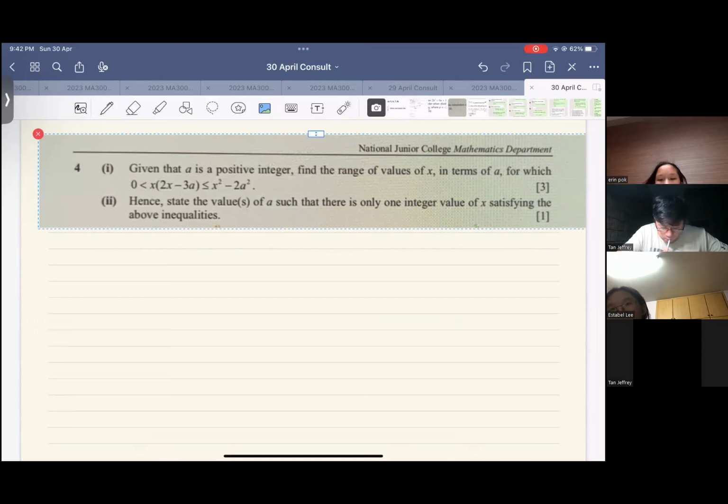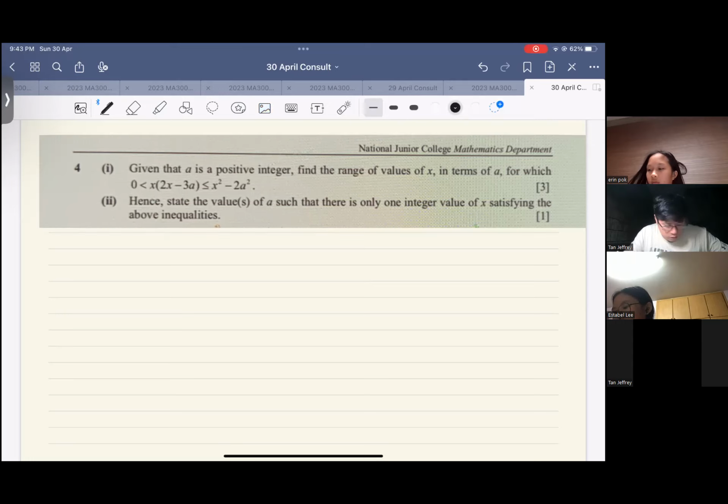Let's see, 2A. Maybe 3 less than 4. Then if A is 3, then 4.5 less than 6.